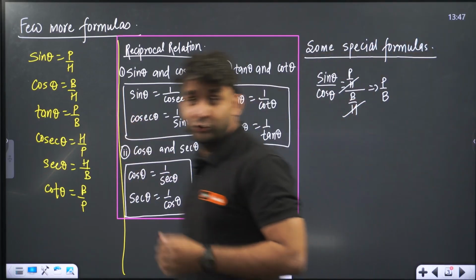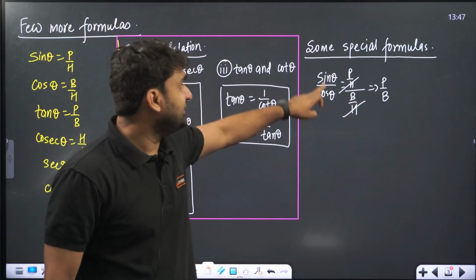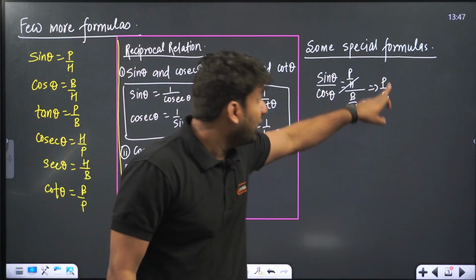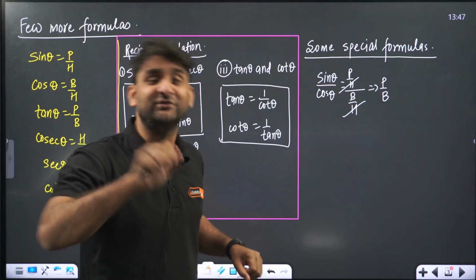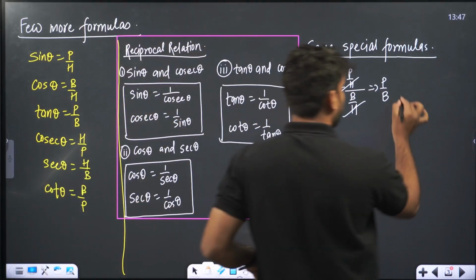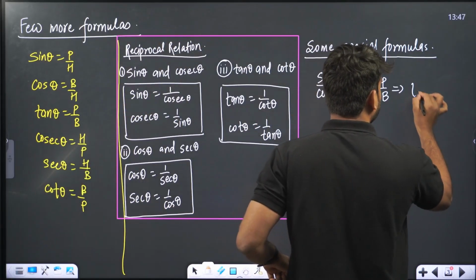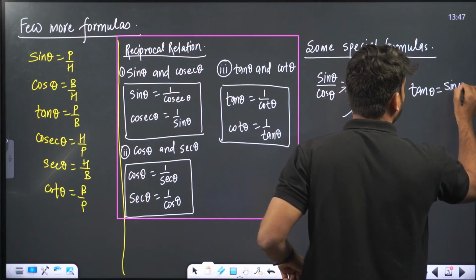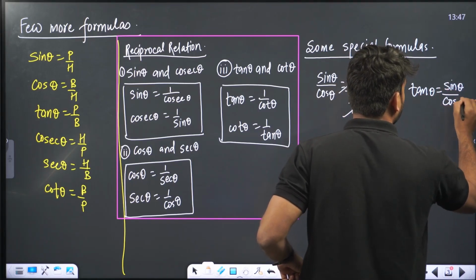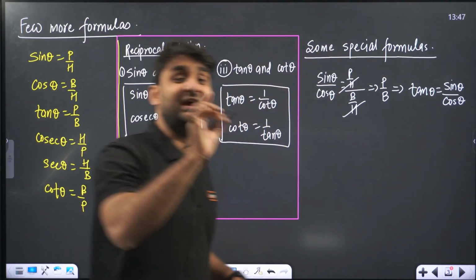Wow. So the ratio of sine theta by cos theta is equal to perpendicular by base, and perpendicular by base itself is equal to tan theta. So my dear champion, we have one formula, tan theta can be written as, whenever you require, you can write sine by cos. Tan theta is equal to sine theta by cos theta.